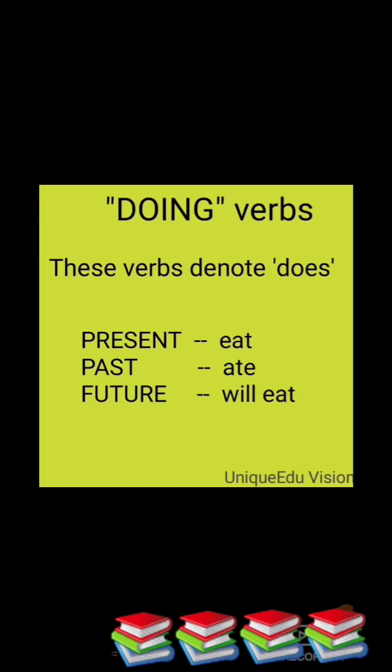In present, we use the form eat, in past we use ate, and future will eat. So you can see that present is eat, past is ate, future is will eat. It means there is a different form of doing verbs at different times.